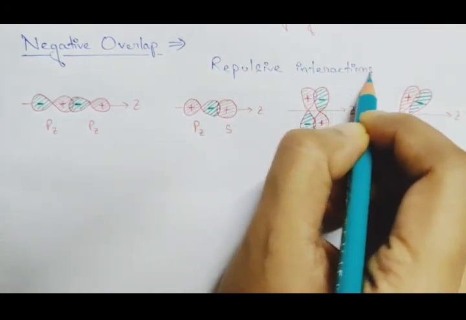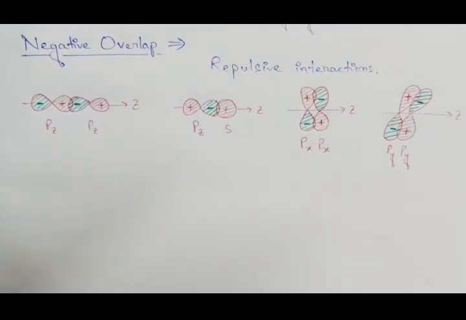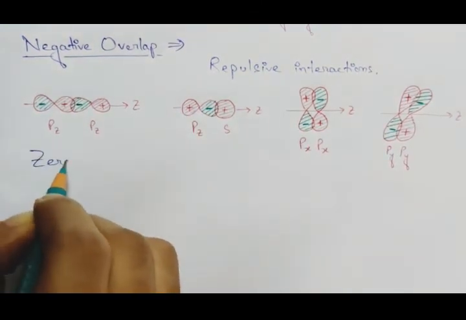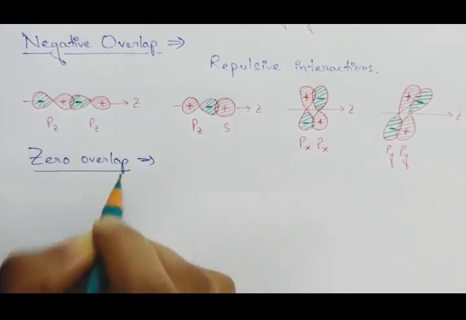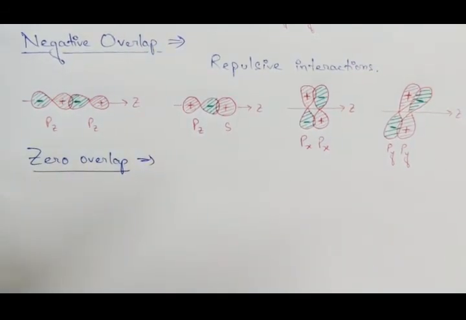Okay, and the last type is the zero overlap. In the case of zero overlap, it implies the inability of any kind of interaction. That means there is no proper overlap. So this shows the inability to form any kind of interaction. Let me show you the difference in the overlapping.